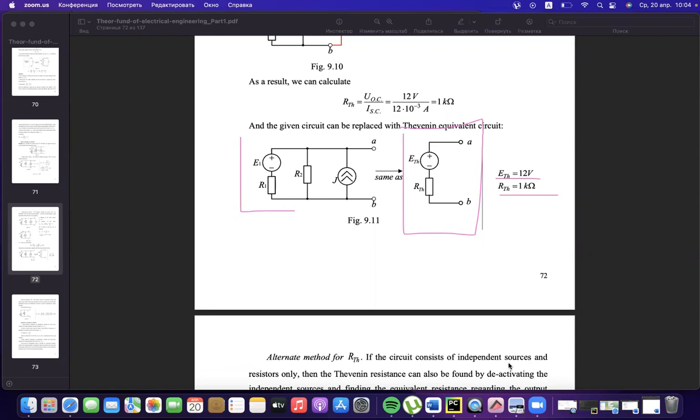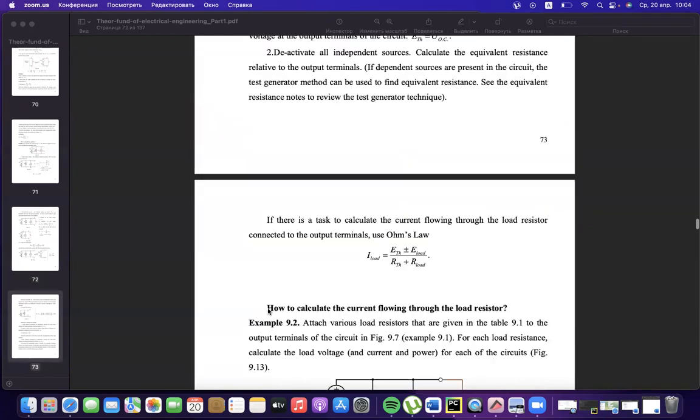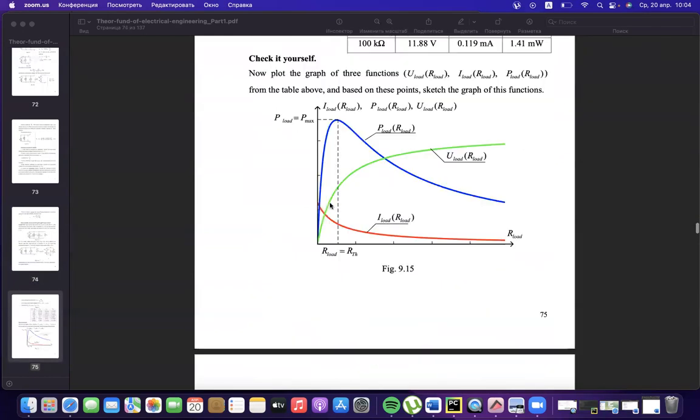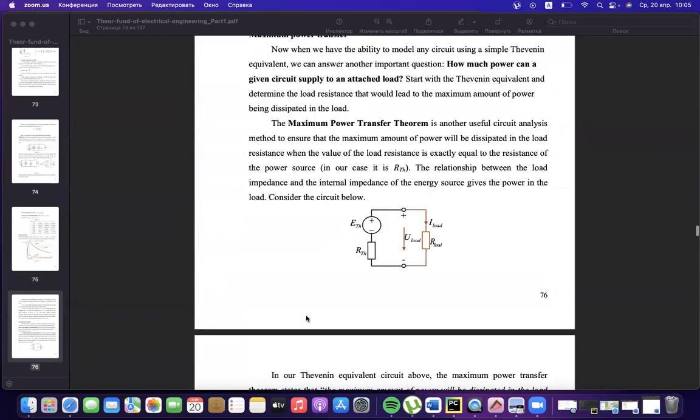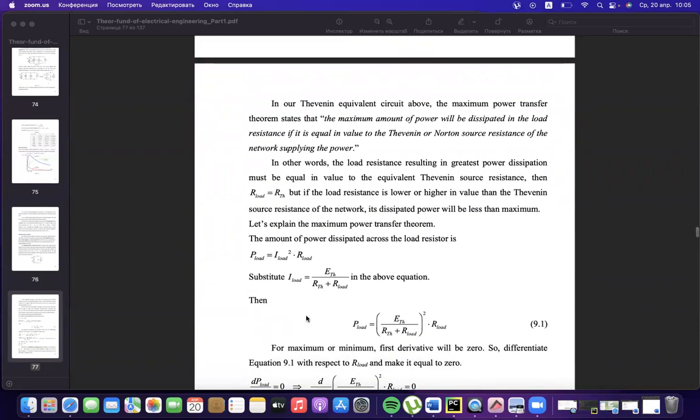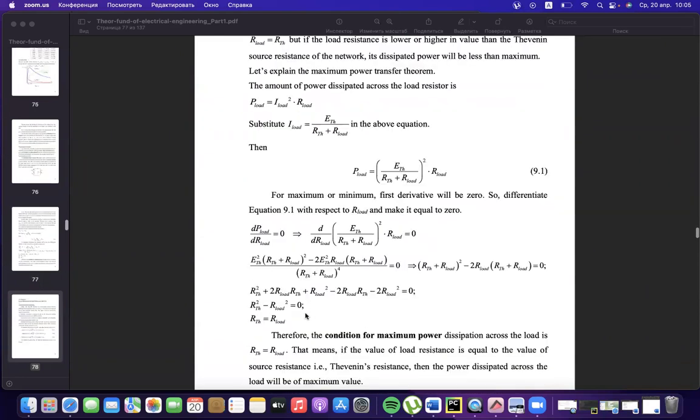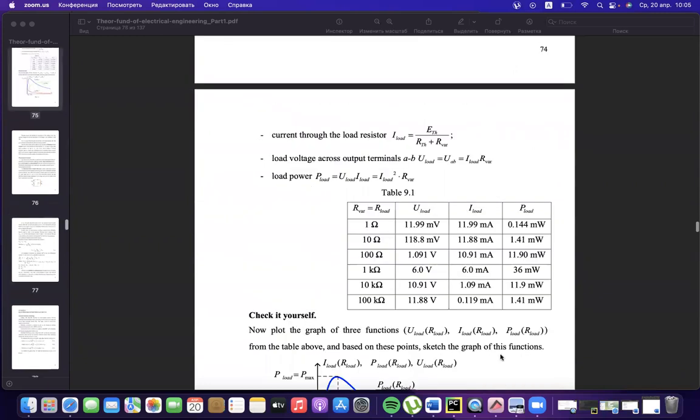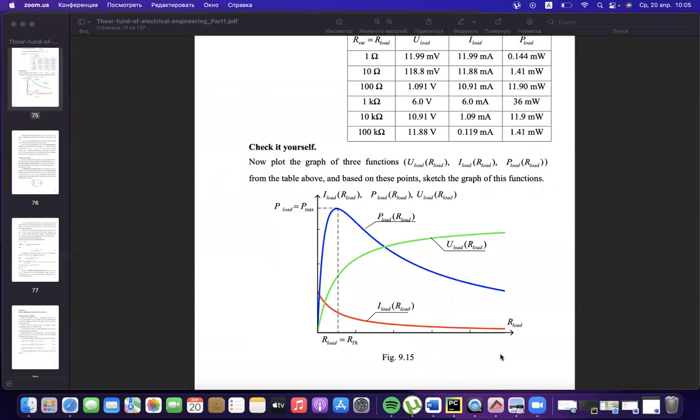Next time we will see a couple of situations using the different working modes of two poles, different working modes of these two terminals. How to transfer maximum power, how this power depends on the resistance, a couple of practical situations.